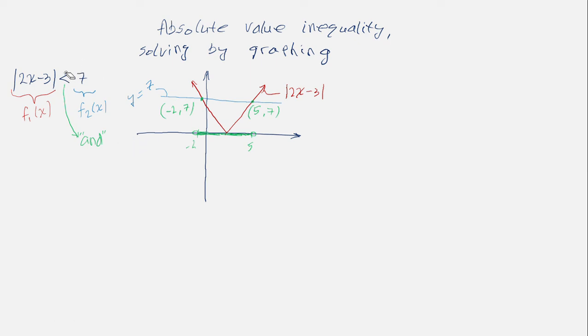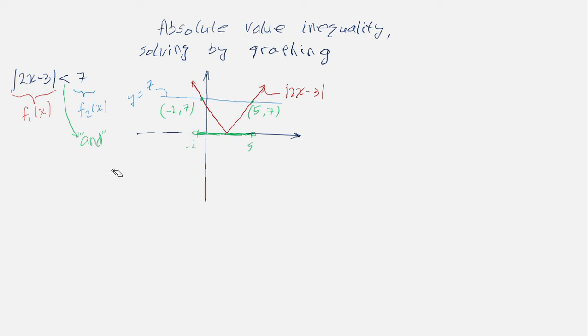So if we had a greater than situation, then we would look at when the absolute value is above the 7, which means this part right here, and this part right here, so solutions would be outside, from 5 this way and from negative 2 this way.